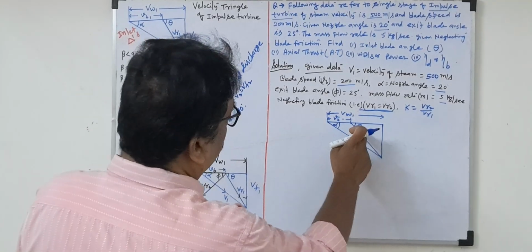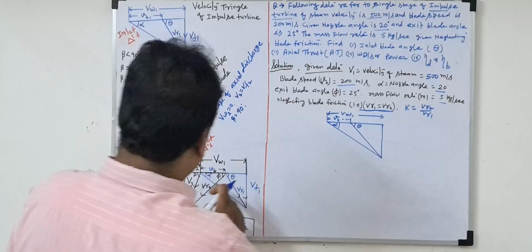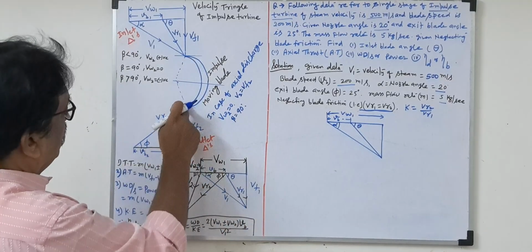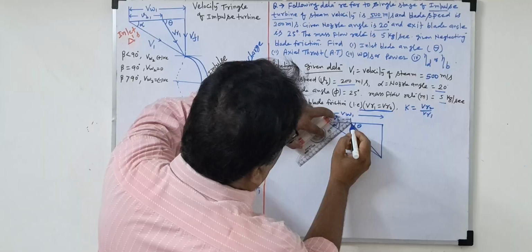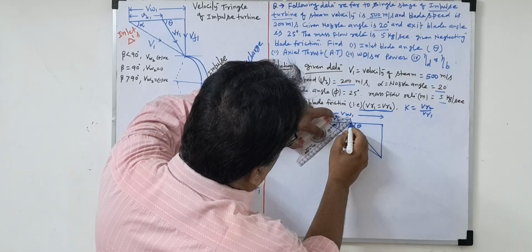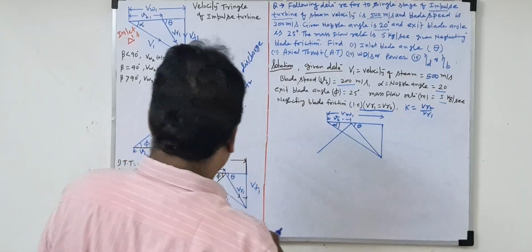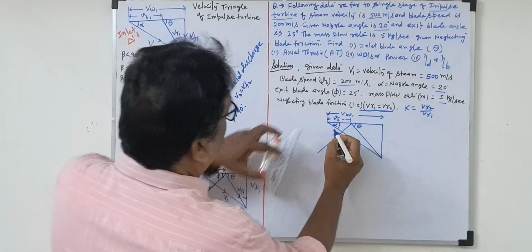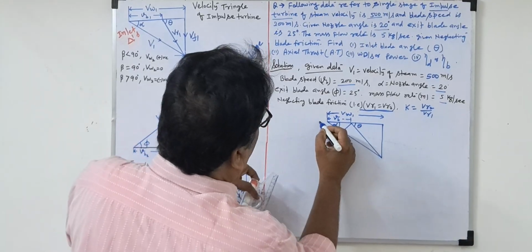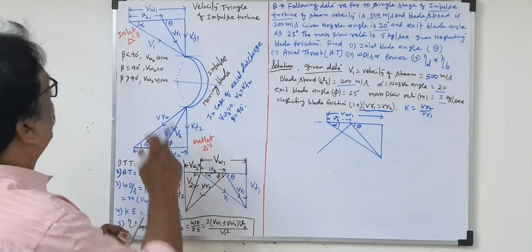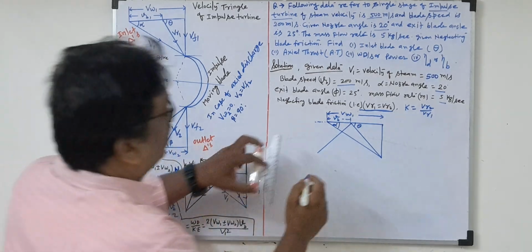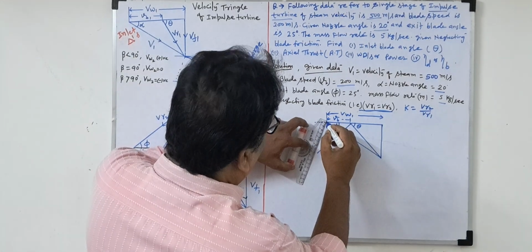Now theta is the inlet blade angle, and the outlet blade angle comes from the inlet blade angle, so we draw this line. Then what will be the beta angle? First we assume beta will be an acute angle, less than 90.